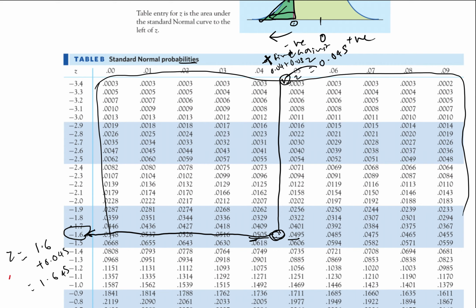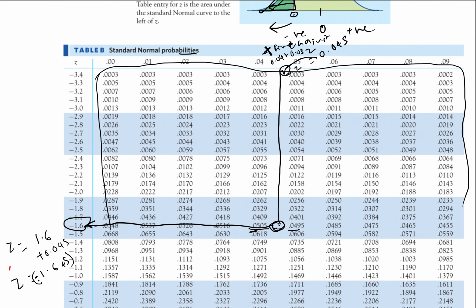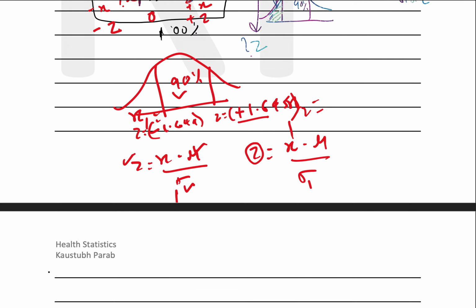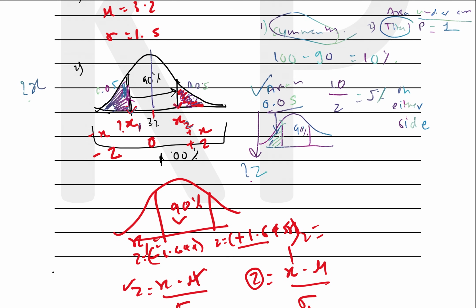Bear in mind that I have neglected the negative sign for just the addition of fine tuning, because it's just the fine adjustment of z-score, but your z value is going to be negative. So just add that negative sign later on in the final step. Probably you're going to solve it in one step, but I just wanted to go through this so that you will understand. So you know that now the z is negative 1.645.